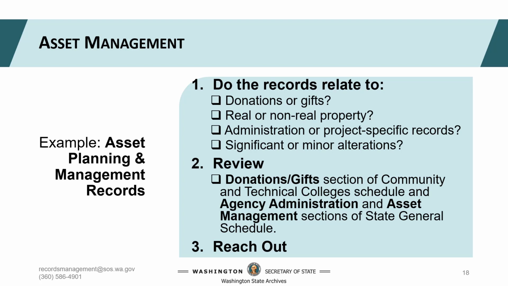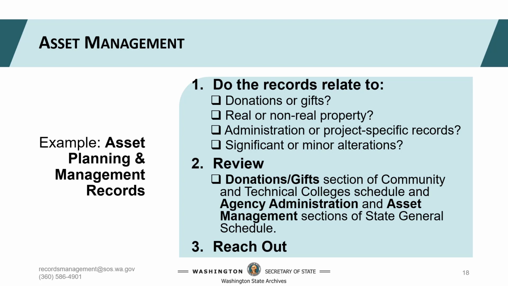Because asset planning and management can cover everything from property to construction projects, there are going to be several categories and series to consider. You'll find an agency administration and asset management category in the table of contents of the State General Schedule. Control F the State General Schedule to run a search on the keywords asset, planning, or management.